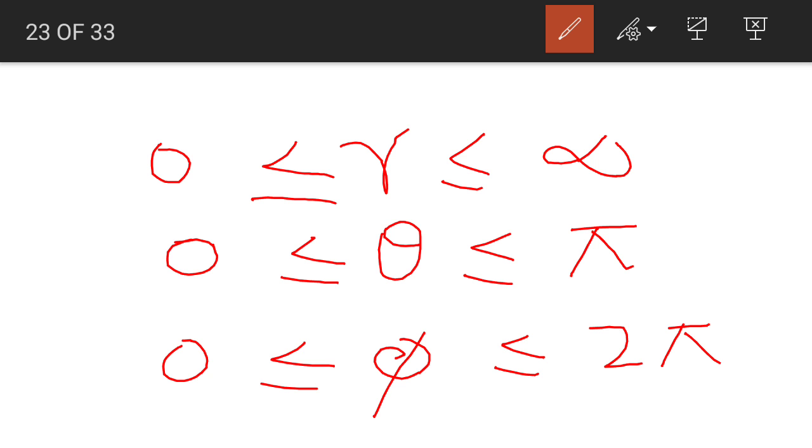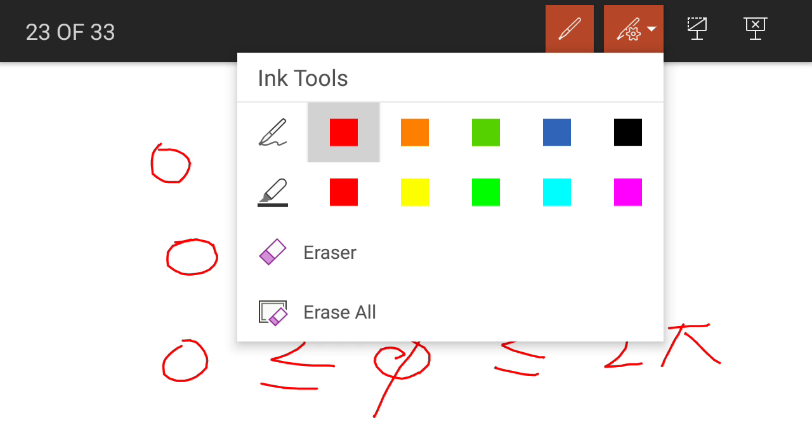Then we discussed the unit vectors of the spherical coordinate system. There are 3 unit vectors. The unit vector AR is always along the radial line R. This unit vector makes an angle theta with respect to the z-axis.